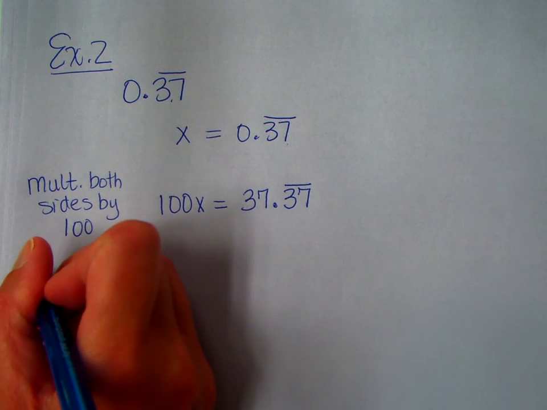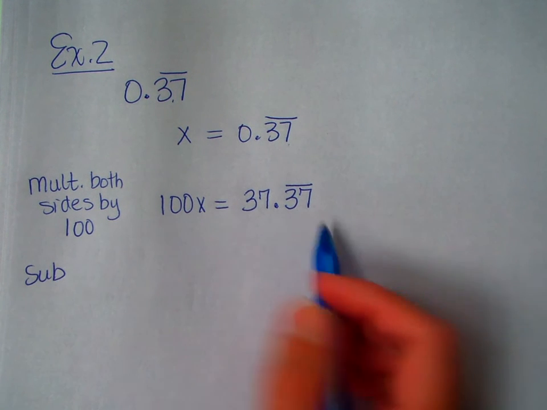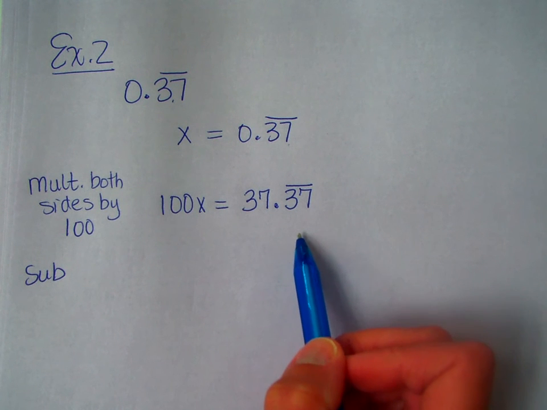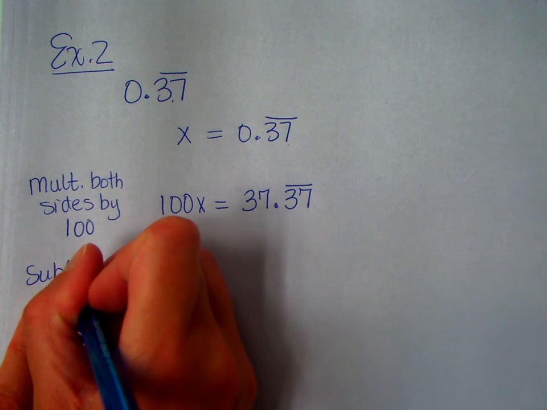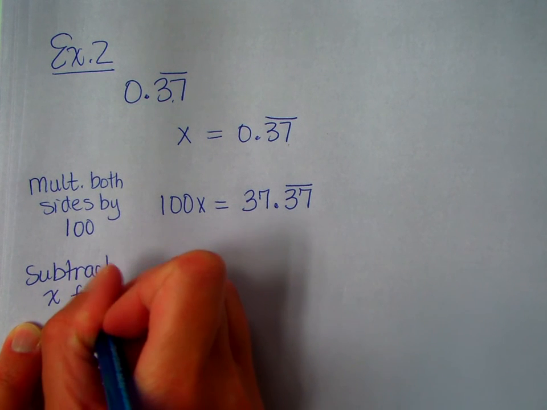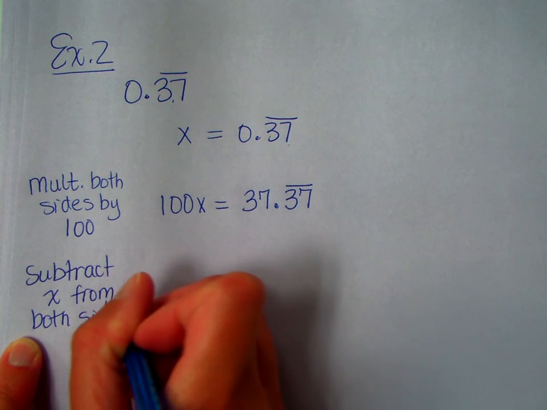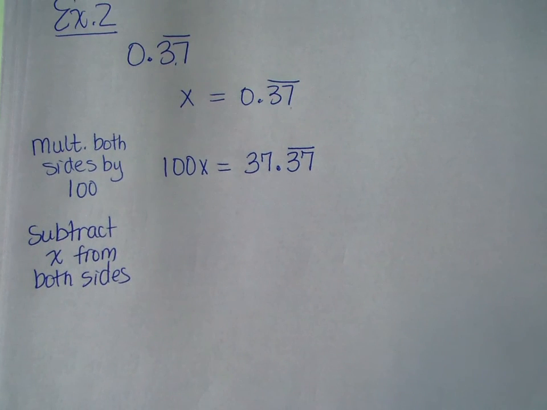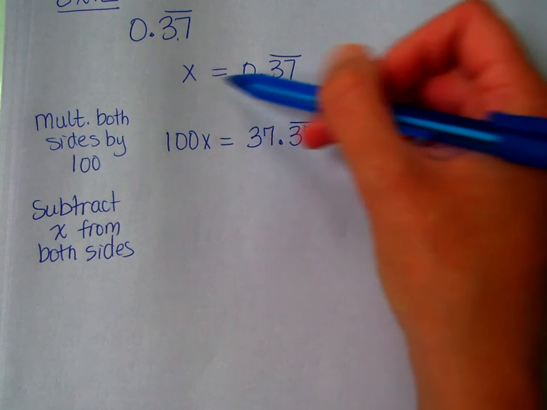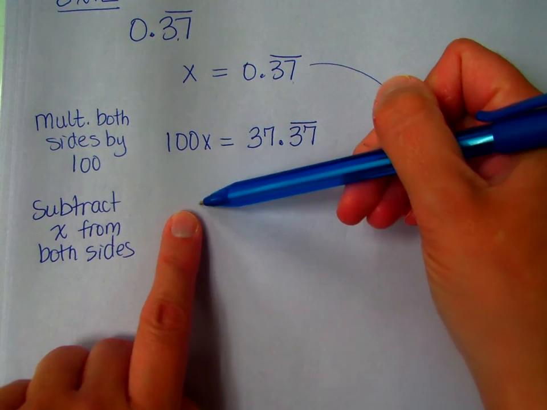Okay, and then don't forget, we're trying to get rid of the mess here, all that repeating stuff. So we're going to subtract away x from both sides. It's really like you're subtracting what we have up here from both sides. I'm subtracting x, and on this side I'm subtracting the repeating.